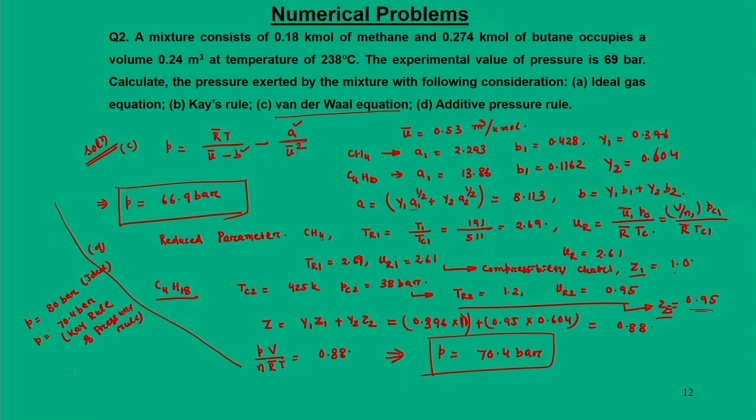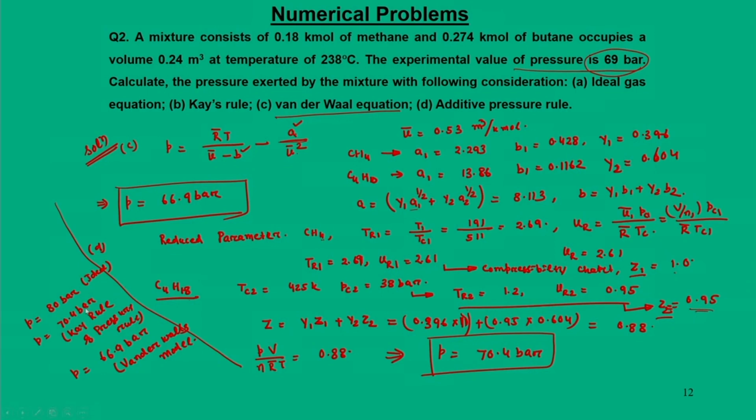And P is equal to 66.9 bar by the van der Waals model. Of course, it is a real gas model, and the problem defines that the experimental value is 69 bar. So, what we can say is that the van der Waals gas model, being a real gas approximation, has a prediction closer to experimental values.